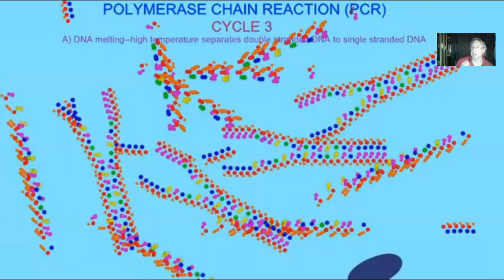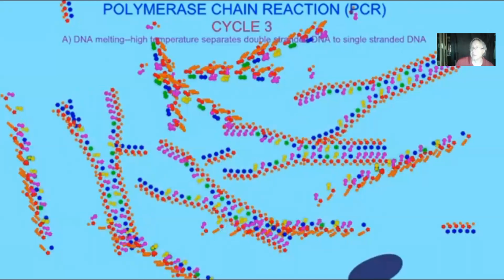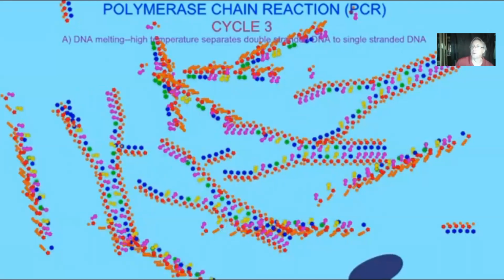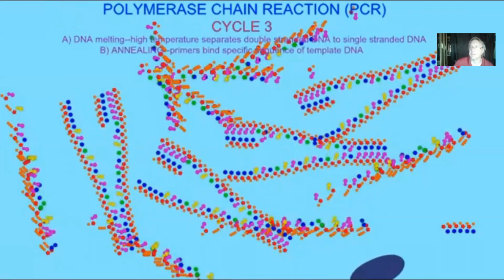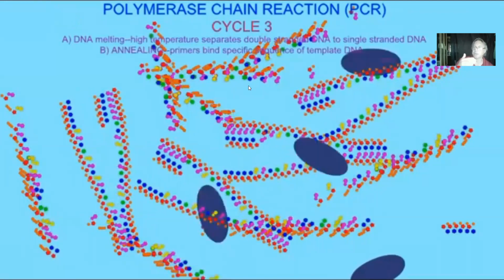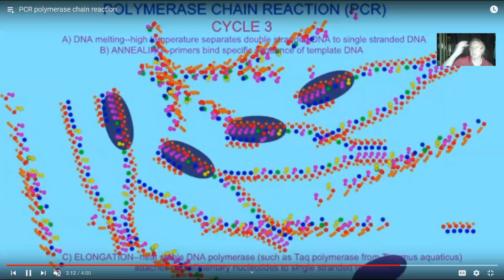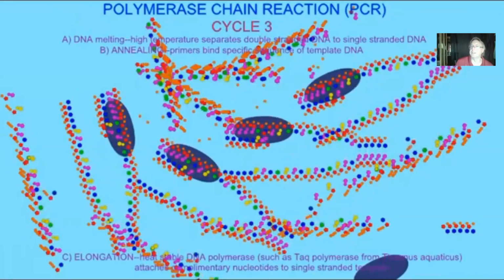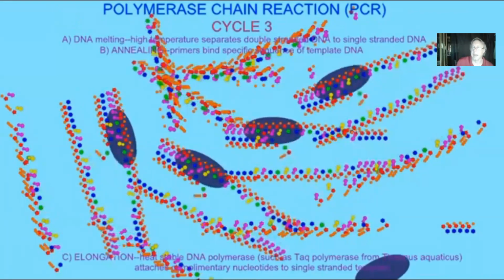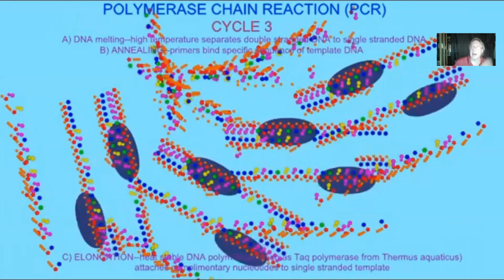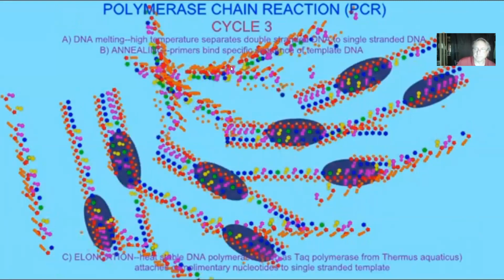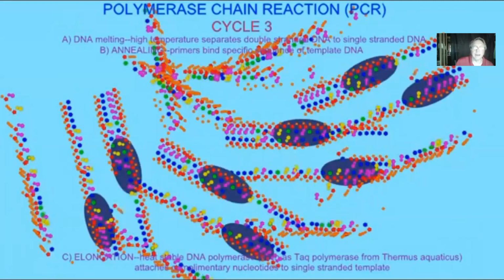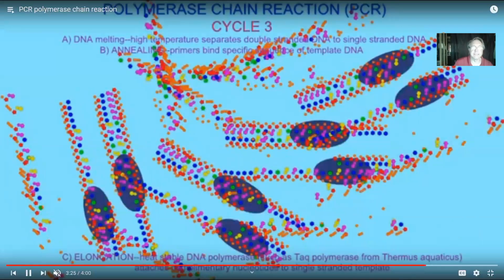So you can set it up as you're leaving the lab in the afternoon, and it will run overnight and do a number of cycles where each cycle the strands separate, they're allowed to replicate, and now you have double the copies that you had before that cycle began. And this is a way that you can now get enough sample to test.